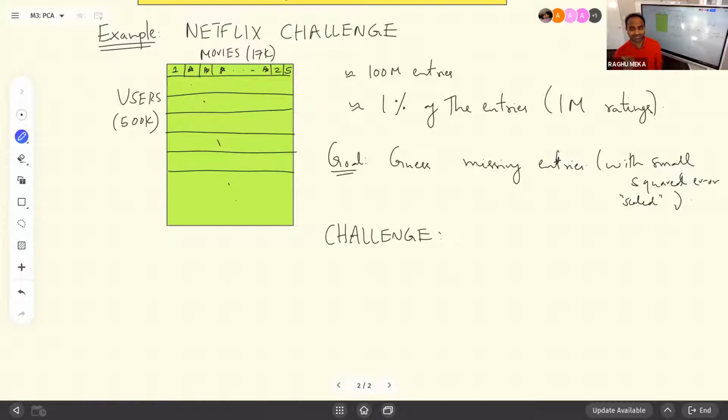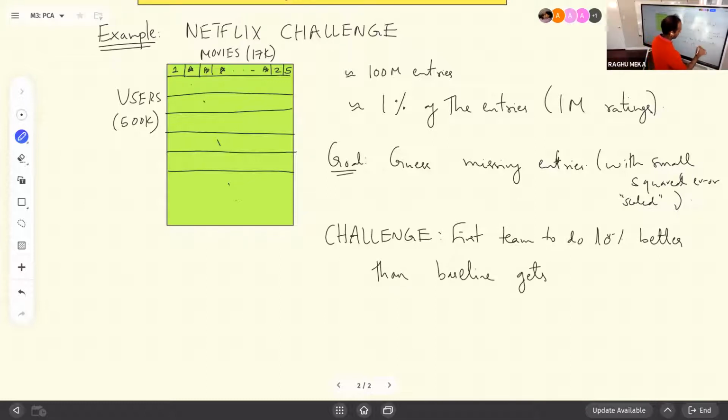And they said the first team to beat the error that we were getting by 10% will get $1 million.